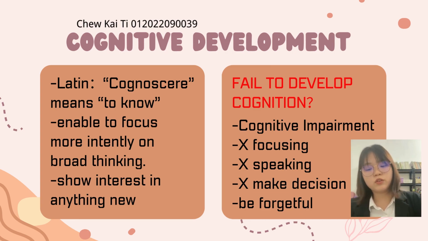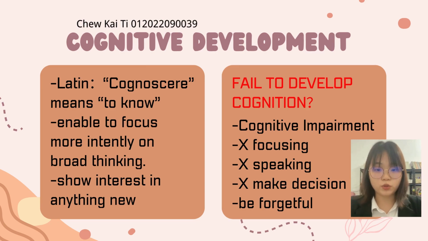Therefore, students will be enabled to focus more intently on broad thinking if they develop their cognitive skills. So you can see that primary school students will show more interest in anything new, like they will be very interested to learn something that they never heard of or that they wanted to know.